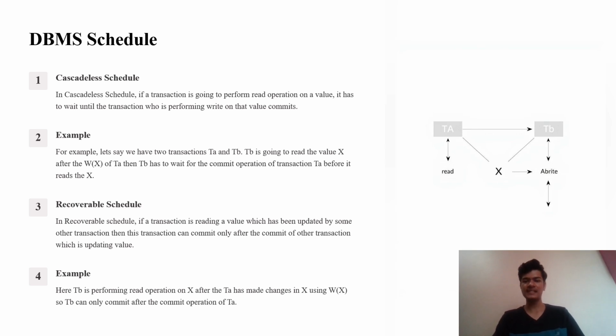Now, cascadeless schedule. In a cascadeless schedule, if a transaction is going to perform a read operation on a value, it has to wait until the transaction that is performing write on that value commits. That means if transaction T1 is writing A, then unless and until it commits that, another transaction cannot perform a read operation.